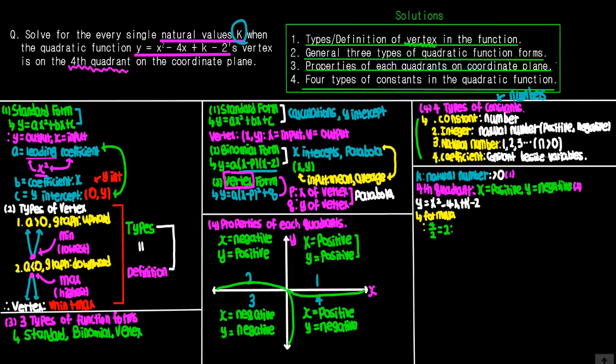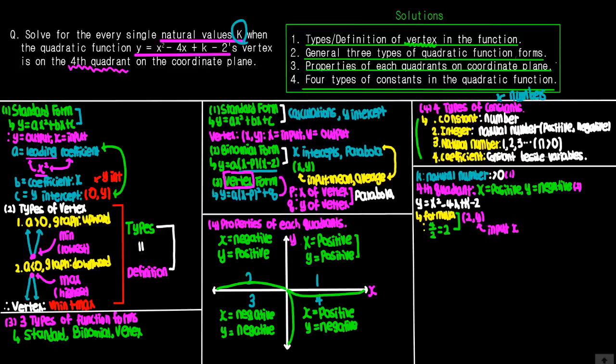This formula solves for the x coordinate of our vertex, which means our 2 is going to be our vertex x. All you have to do in order to solve for the output is input our x, and it will generate our output, which we call the y value.